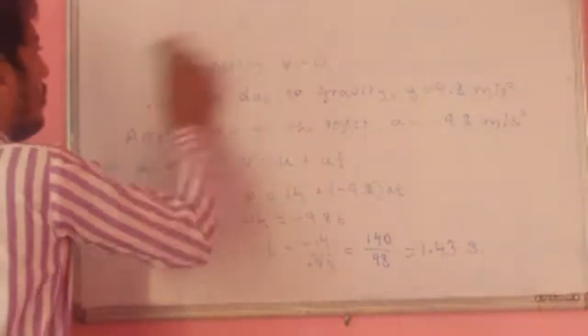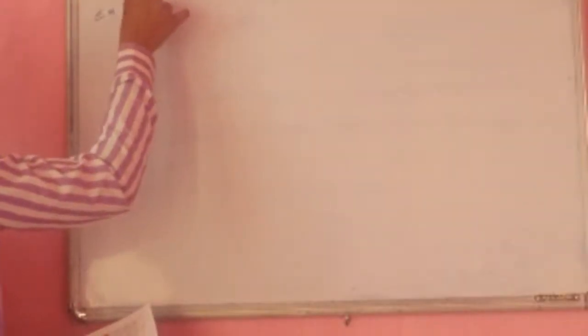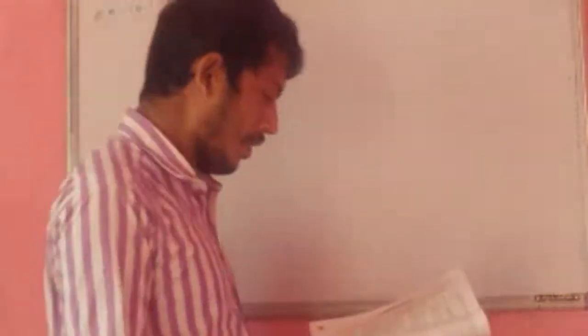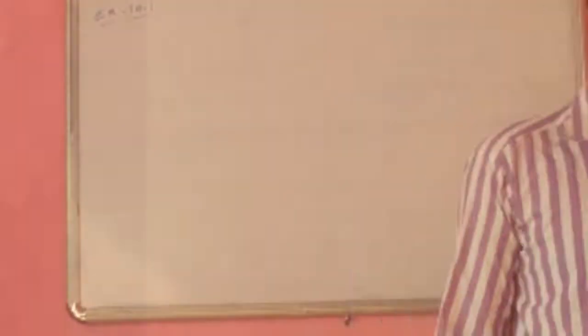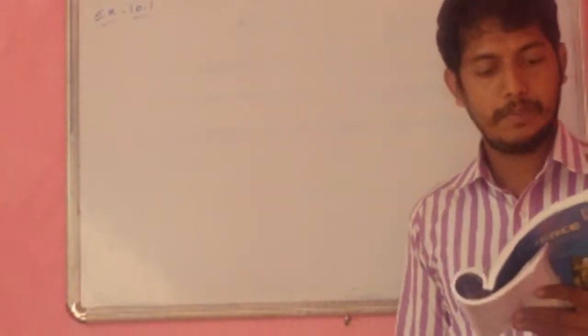The next problem. That is example 10.1. The mass of the earth is 6 into 10 raised to 24 kg. The mass is given.